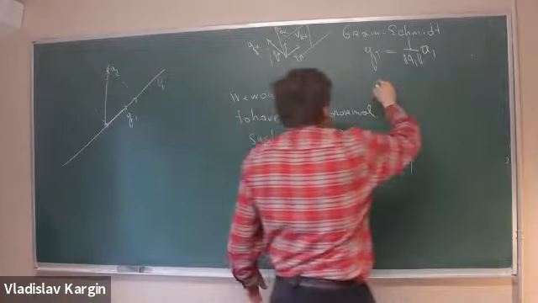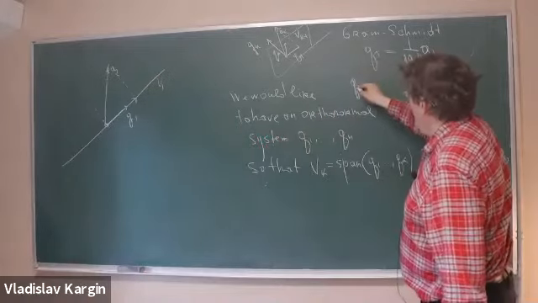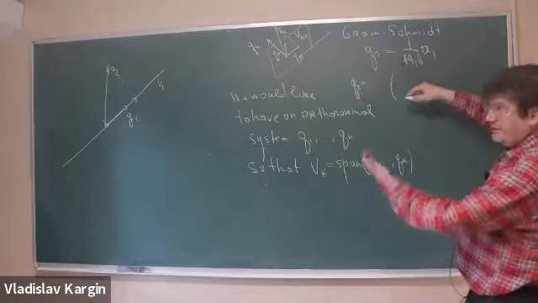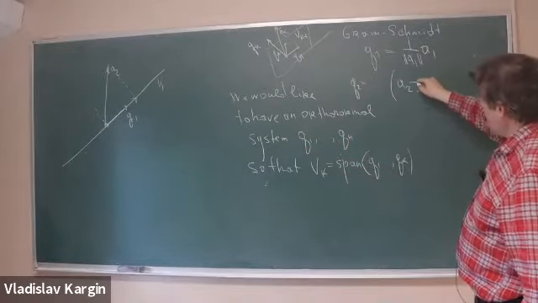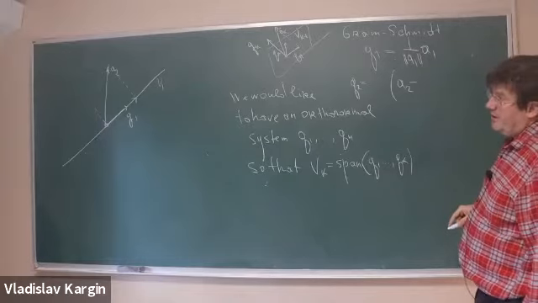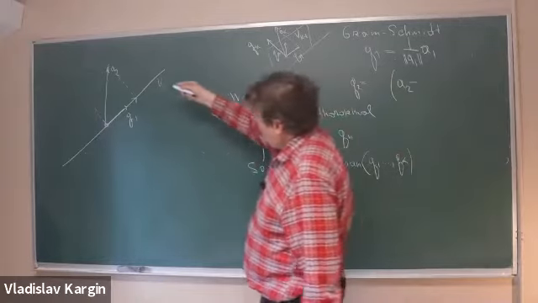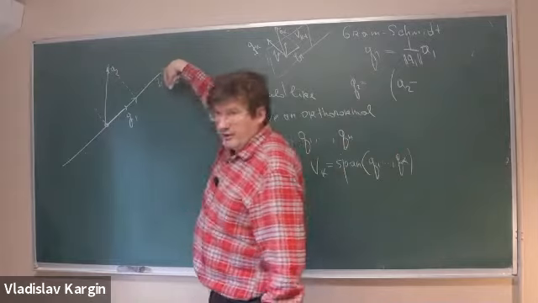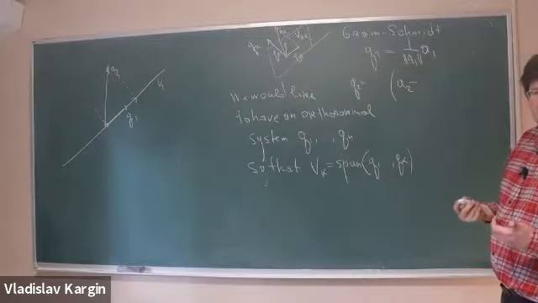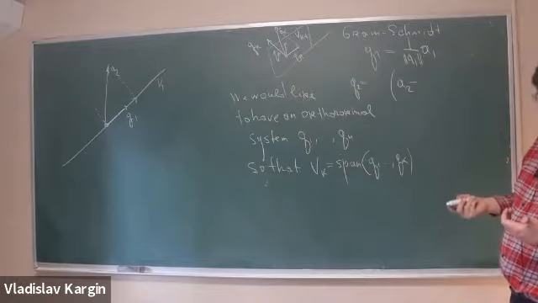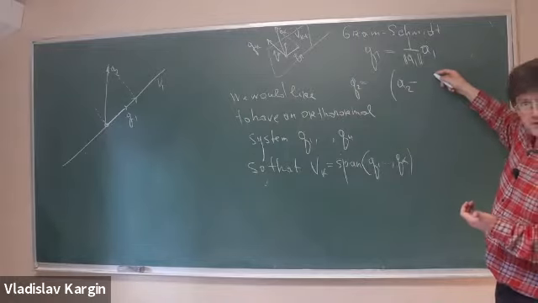So q2 will be equal to the first one, and after that we'll normalize it. So it would be a2 minus the projection of a2 on v1. We'll need to recall how we do the projections, right? This is kind of easy.